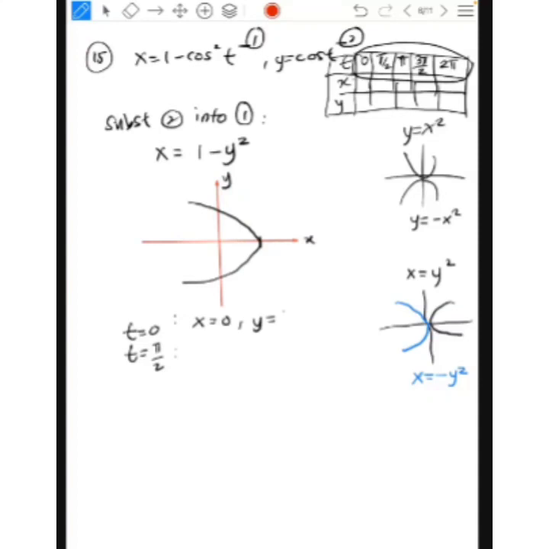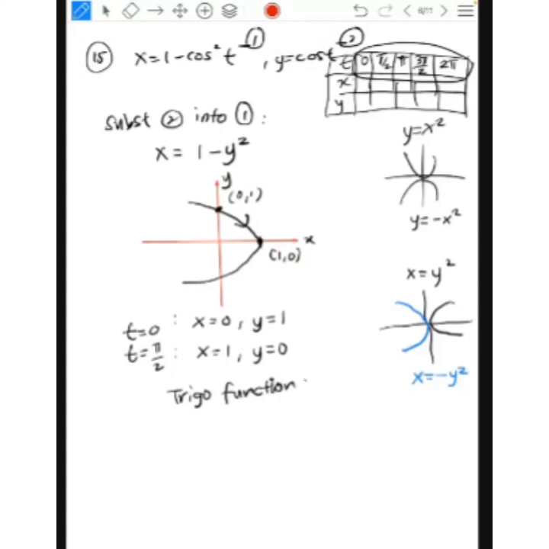So x equals to 1, y equals to 0. So from here, x0, y1 is here, 0, 1, and then it goes here, which is 1, 0, but then it is a trigo function.